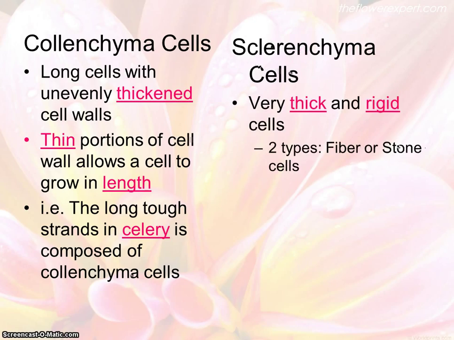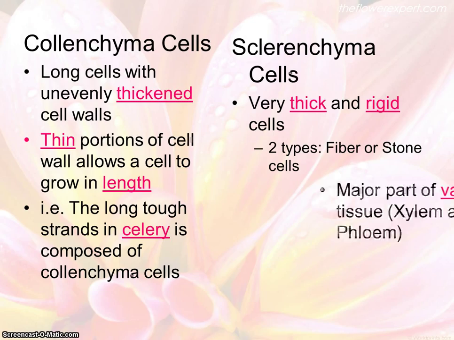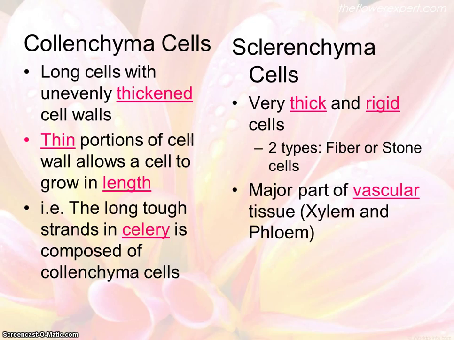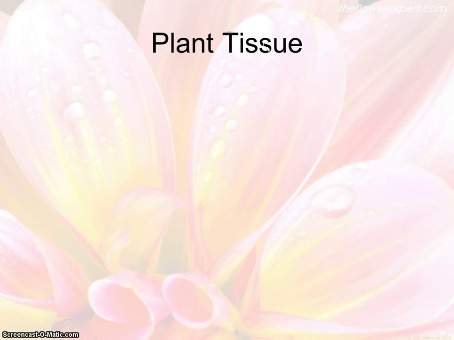Your sclerenchyma cells are also going to be thick, but they're going to be more rigid. They're going to provide structure and fiber. Most of the vascular tissue, the xylem and phloem that we talked about in the previous parts of these notes, that vascular tissue is going to be made up of sclerenchyma cells. It has to have support and rigidity to allow the flow of water and nutrients.